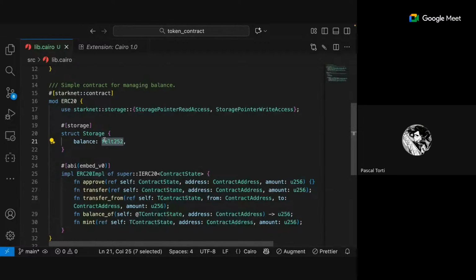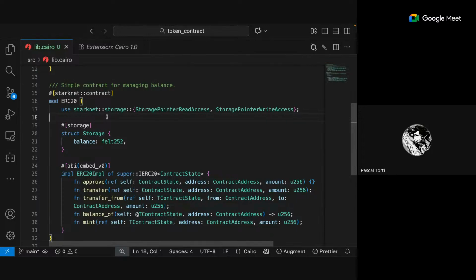We have balance here, but balance of what exactly? What we need to store is the balances. There are so many balances we need to store. We're going to do this in real life, because I've forgotten most of the things we're going to import, but it's okay to forget, and I'll show you how to remember them.